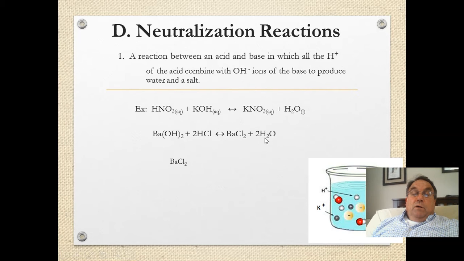Barium's new partner, and you'll remember that the water is going to split into hydrogen and hydroxide, so barium's new partner would be hydroxide, and hydrogen's new partner would be chloride. Or you can merely think of the barium chloride as coming from an acid and a base. The acid comes from the negative part of the salt, and the base comes from the positive part of the salt.